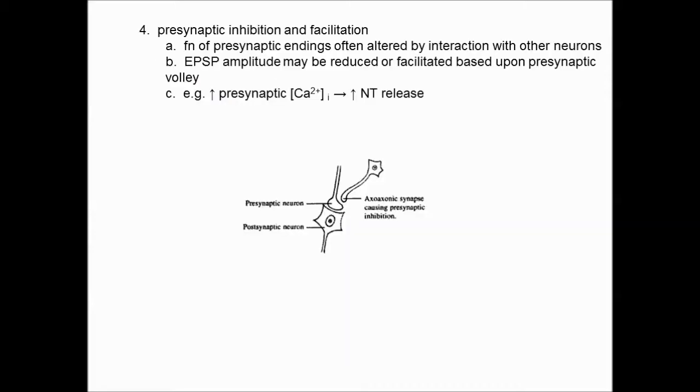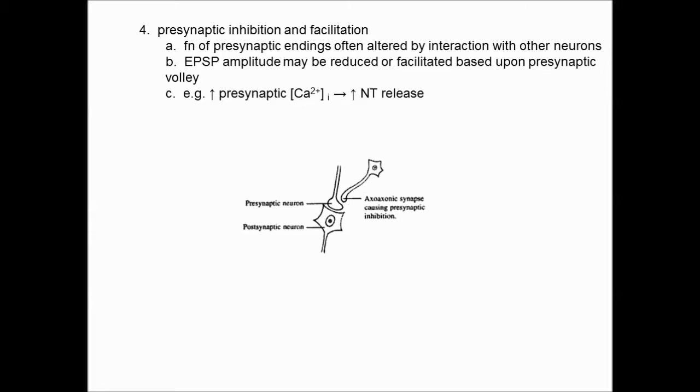There's also another type of integration called presynaptic inhibition, and there's also presynaptic facilitation, and that is when some other neuron affects the presynaptic ending on this neuron right here. It could hyperpolarize or depolarize that ending and alter how much neurotransmitter is released onto the postsynaptic neuron.